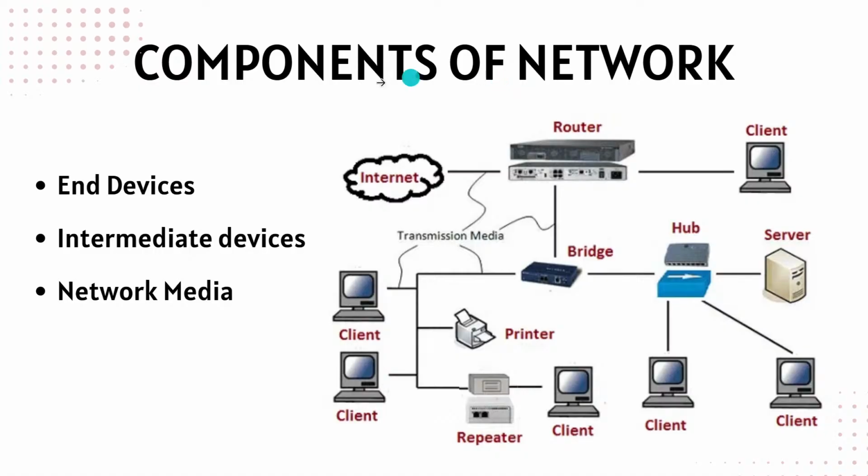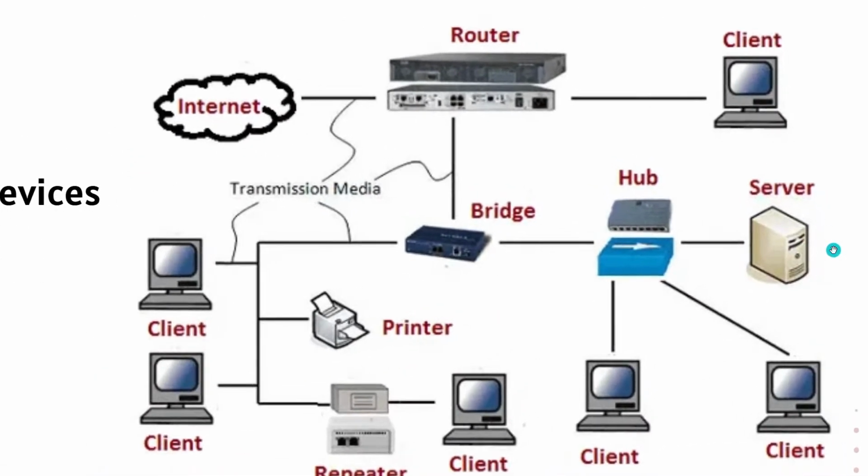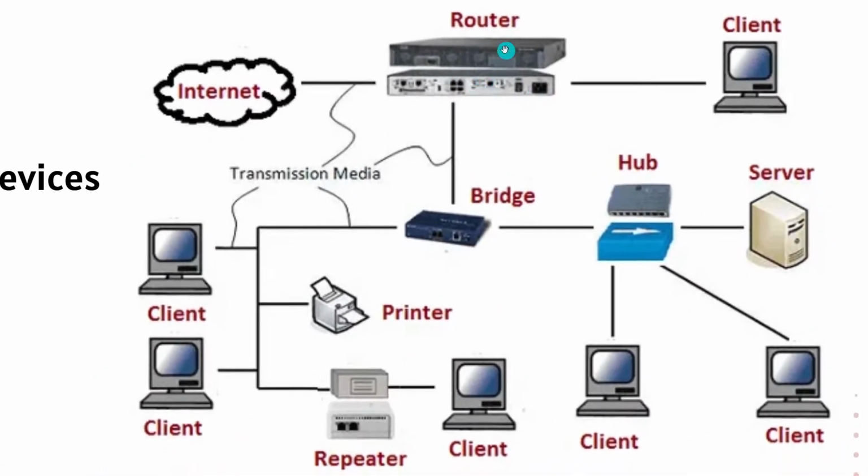Now getting to the components of a network. This is very important. Listen very carefully to this one. We have end devices, intermediate devices, and network media. For example, this is a single network. We have routers in it, ultimately connecting us to the internet.